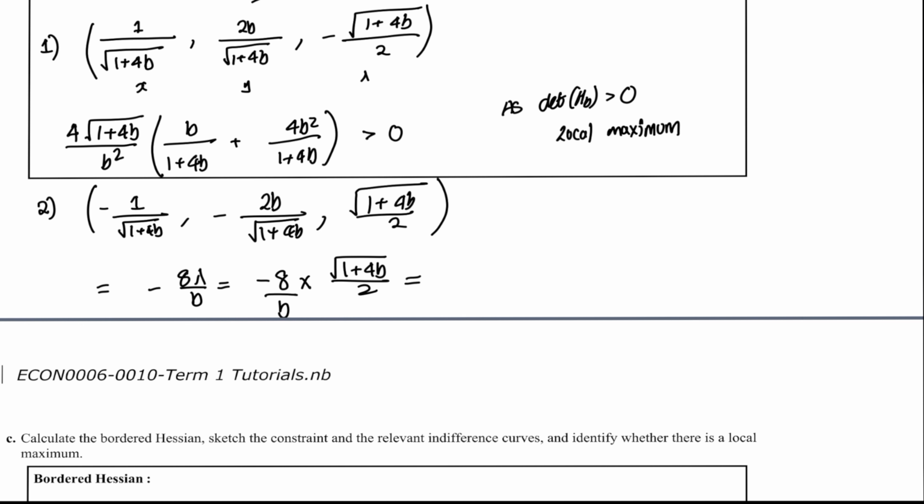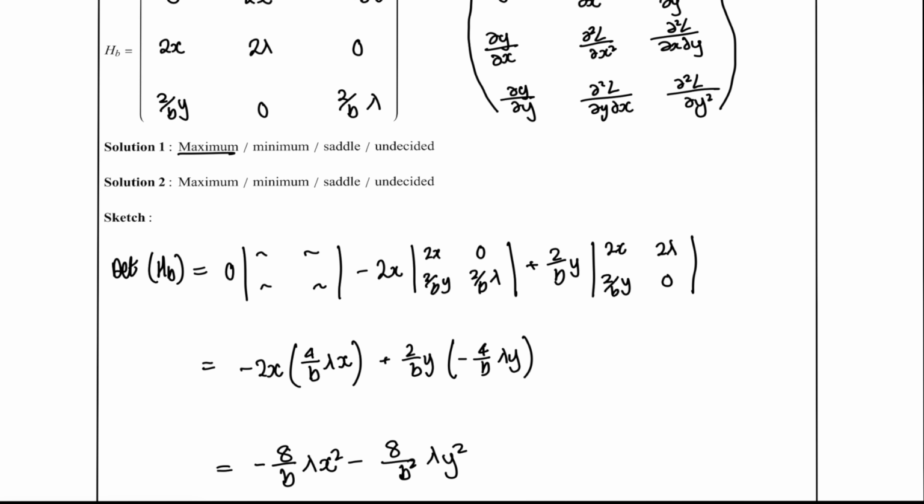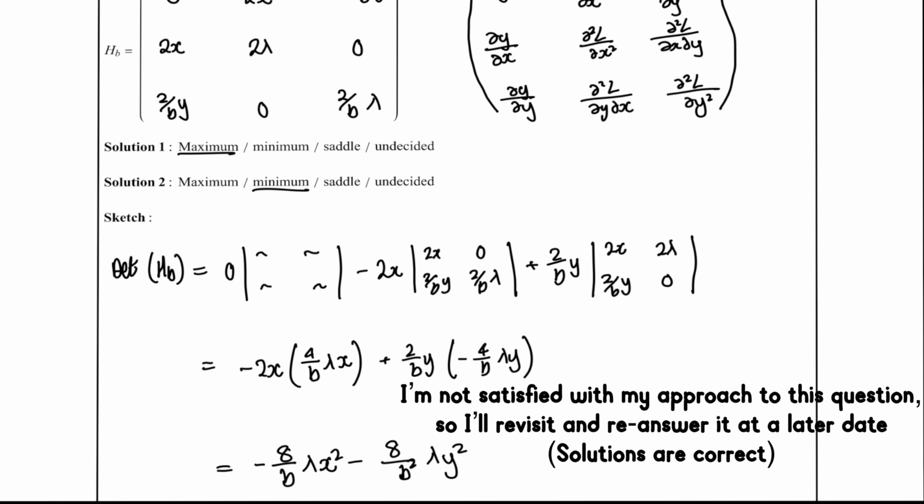And we can see that this will be negative, so it'll be less than 0. So as the determinant of the bordered Hessian is less than 0, we have a local minimum. So solution 1 was a maximum. This was a minimum. Cool. Hopefully that made sense.